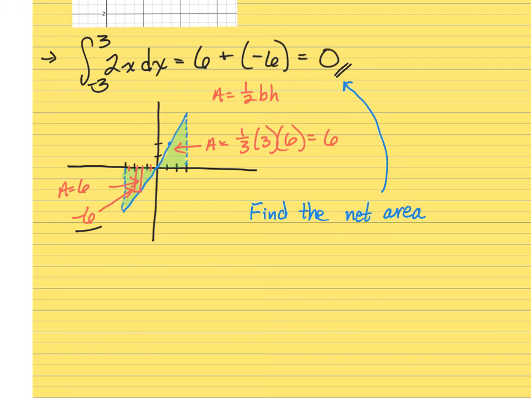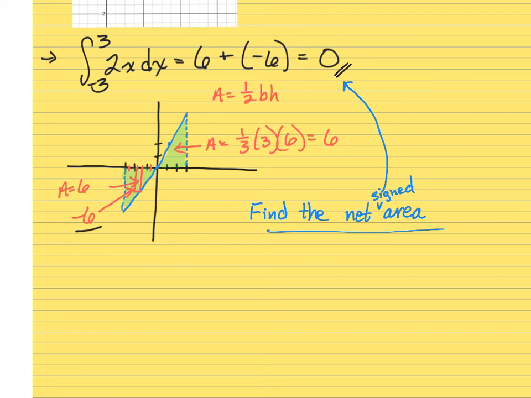Sometimes it's called the net area or the net signed area. So you have to keep the negatives negative and the positives positive and just add them together. And sometimes you'll get an answer that doesn't make sense as an area, but mathematically the net signed area is 0.